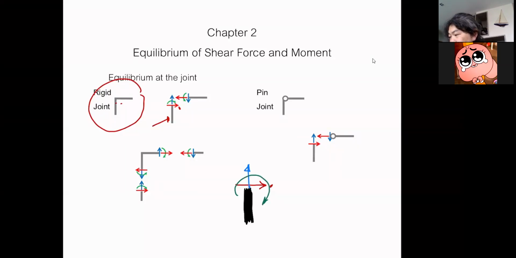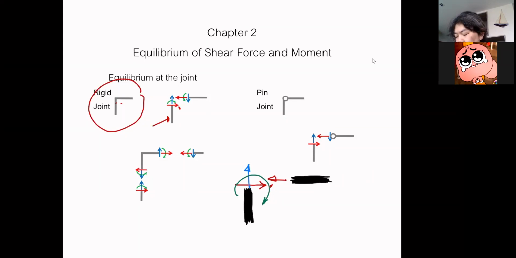But to maintain the equilibrium, when I look at the next member that forms the joint, the force in this member would have to be equal and opposite, so that, first of all, my sigma Fx is 0.